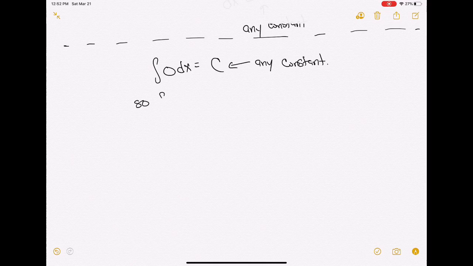So far, there's not enough information to tell us what this constant is.